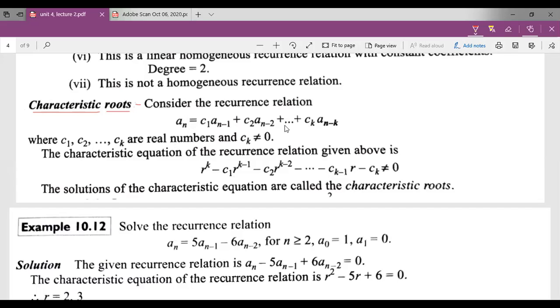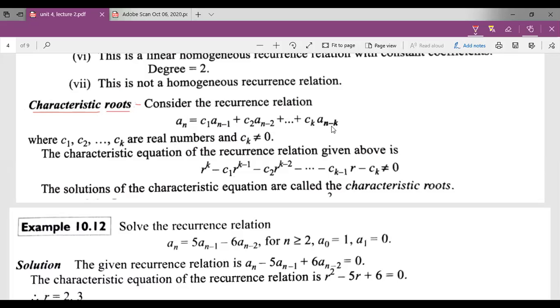So the recurrence relation given above is this one. So the characteristic equation of this recurrence relation is, we divide by the lowest subscript.